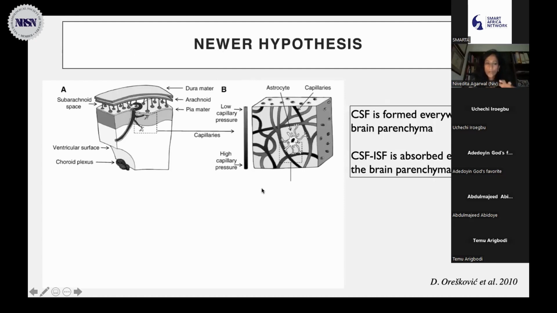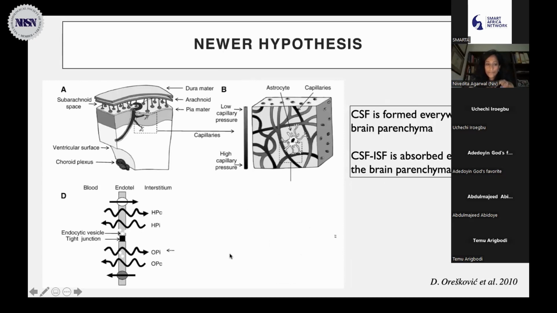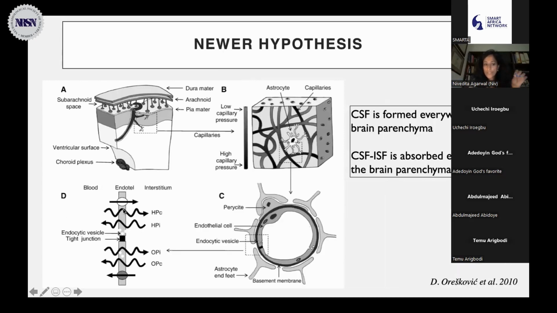So very quickly here, the CSF is also produced at the level of the blood-brain barrier. So basically there is an exchange of water here, and at the level of the endothelium, which is the wall of the arteries, there is a movement of water through Starling forces, osmotic forces.